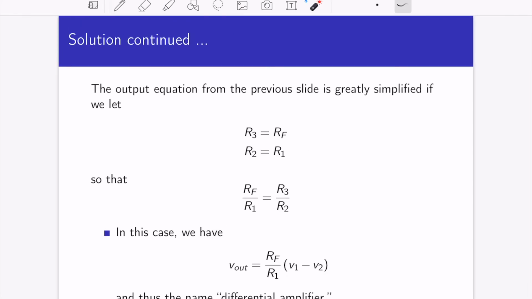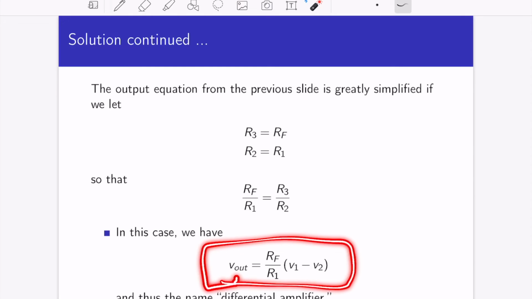Now, if we make a few assumptions, it makes the circuit look a lot simpler. We'll just say R3 will be equal to RF, R2 will be equal to R1, and that gives us a ratio of R3 to R2 that is the same as RF to R1, and we end up with a very, very simple expression.